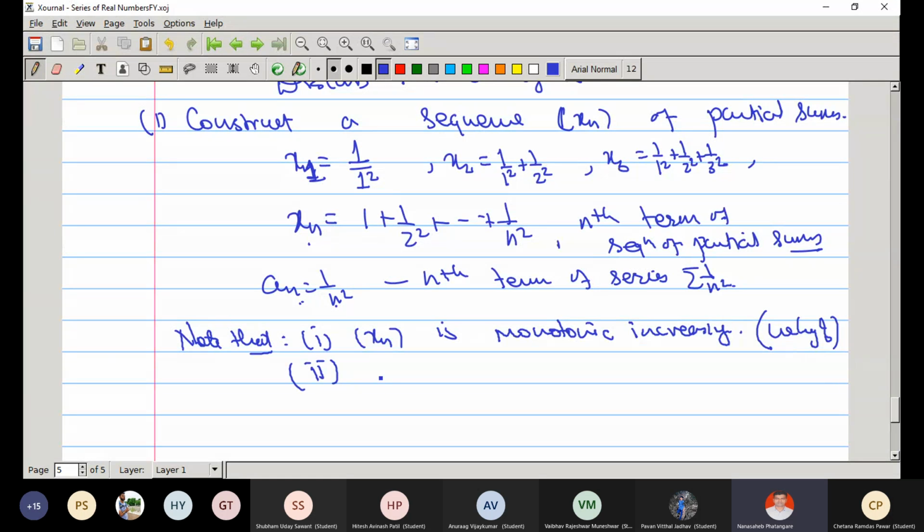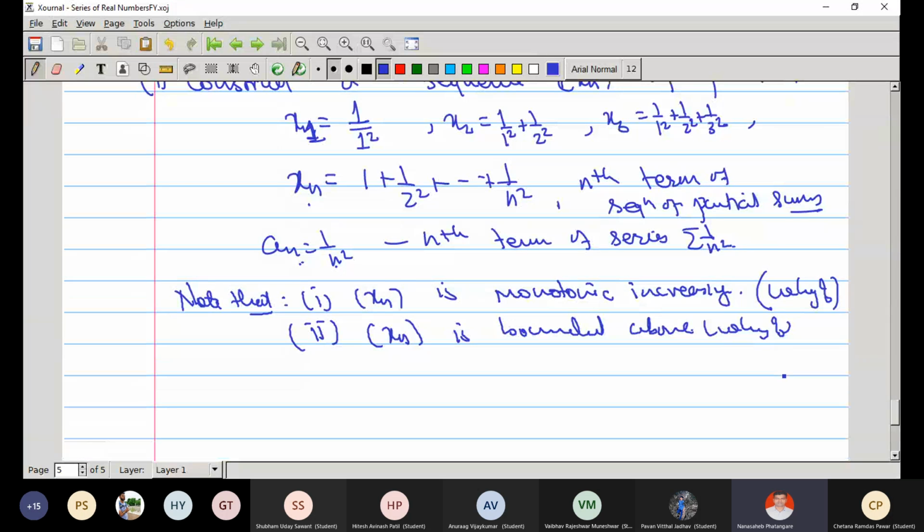Now, xn is bounded above. Why? We have already discussed this sequence while talking about sequences. Is xn bounded above?